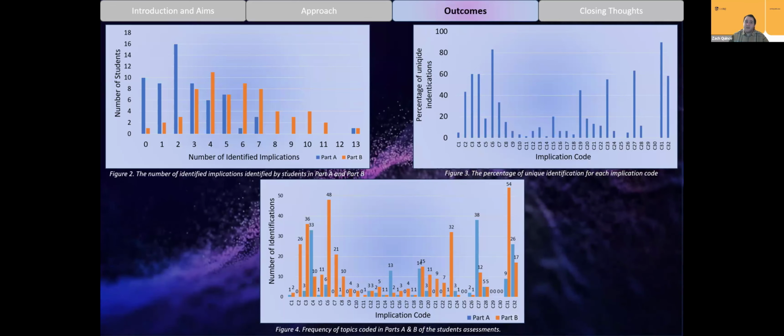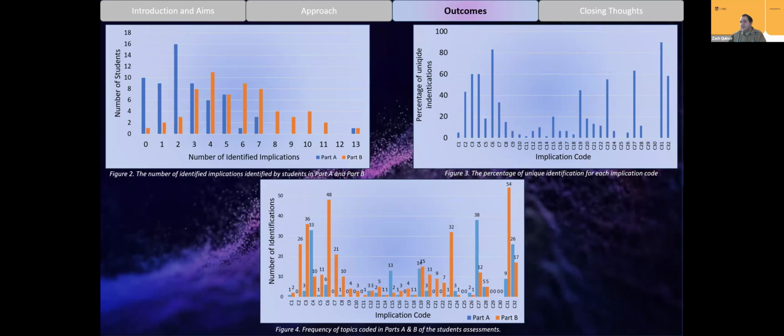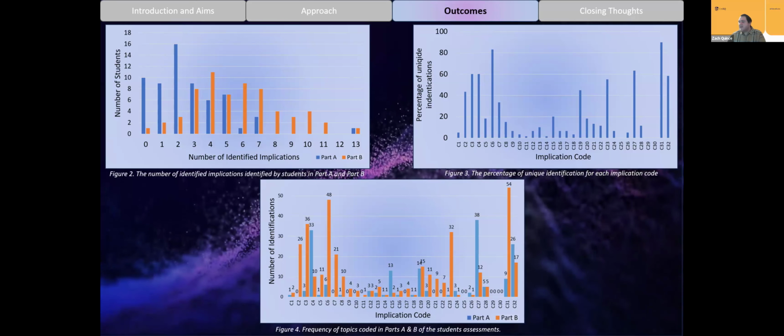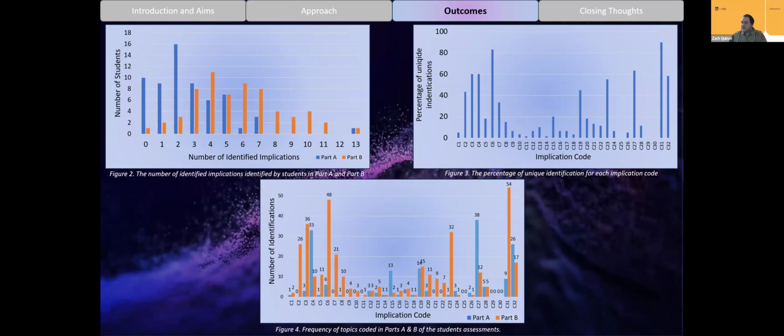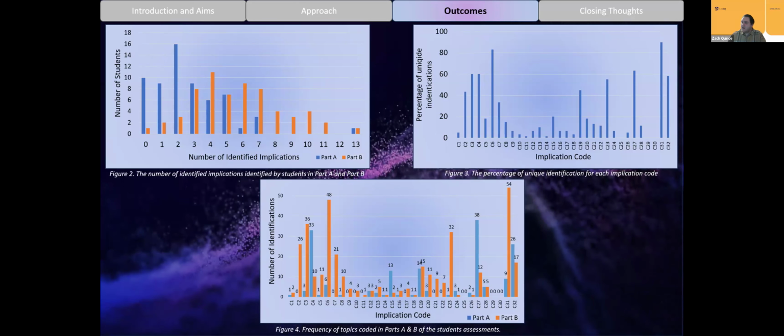learning happening. Figure 3 shows the percentage of unique identifications for each of the implication codes. So this is separating part A and part B and looking at overall which implication codes saw the most unique identifications. As you can see from the table, there are definitely a few that spiked above 50%.